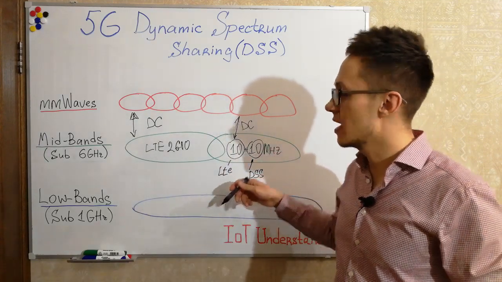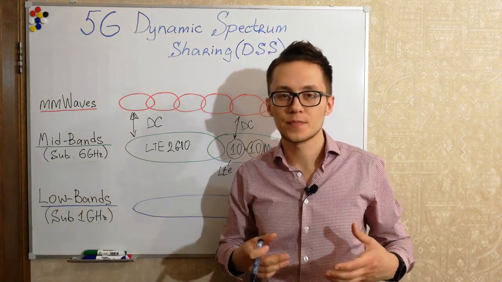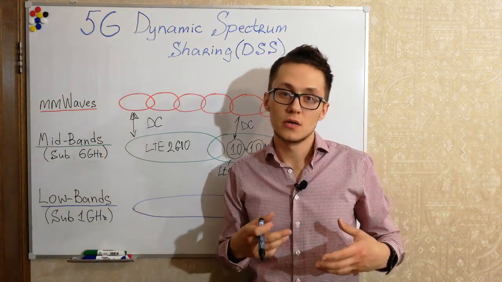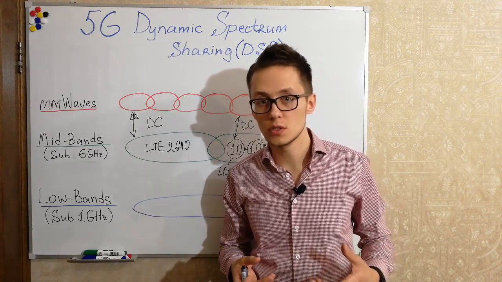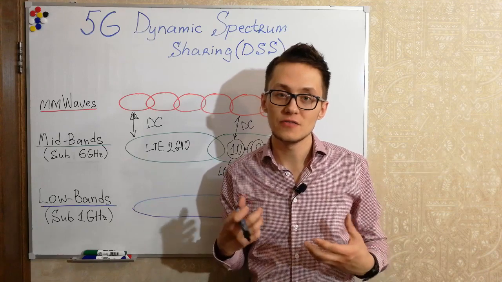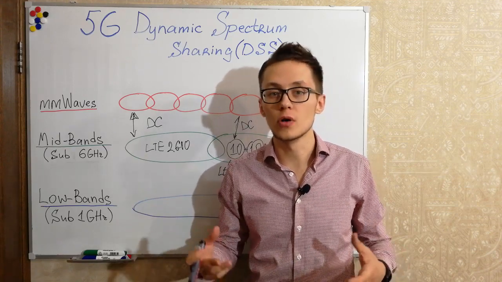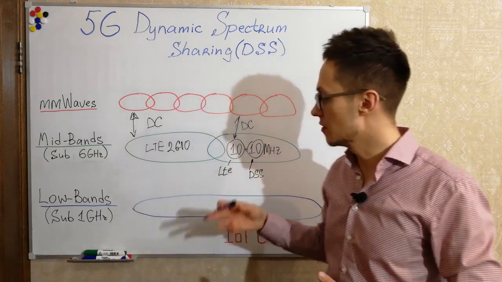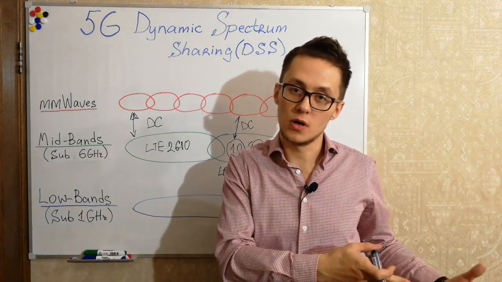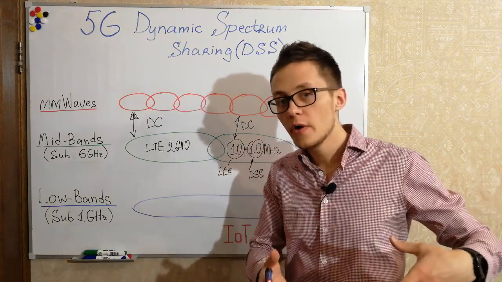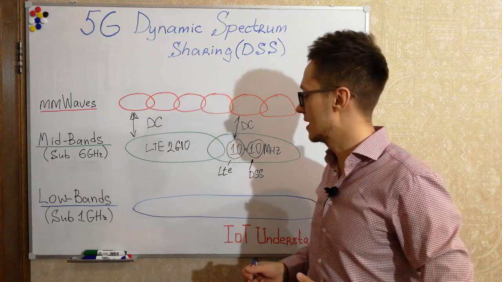The next step is when you want to cover the whole network with 5G, to deploy a 5G network in rural areas. In this case, you may not wait for refarming, and you can deploy DSS.